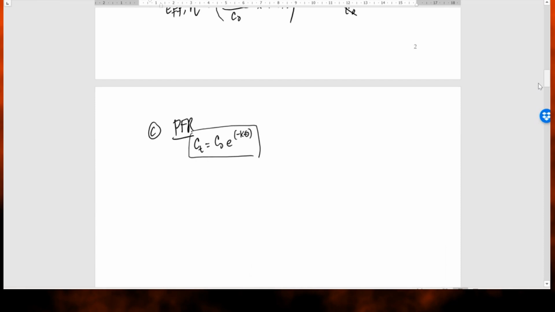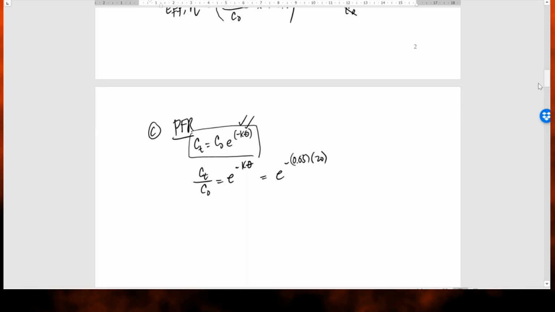So we can again get C sub T over C naught is equal to e to the minus K theta. Theta we already got, 20 days, and K we have. So we get e to the minus 0.05 times 20.